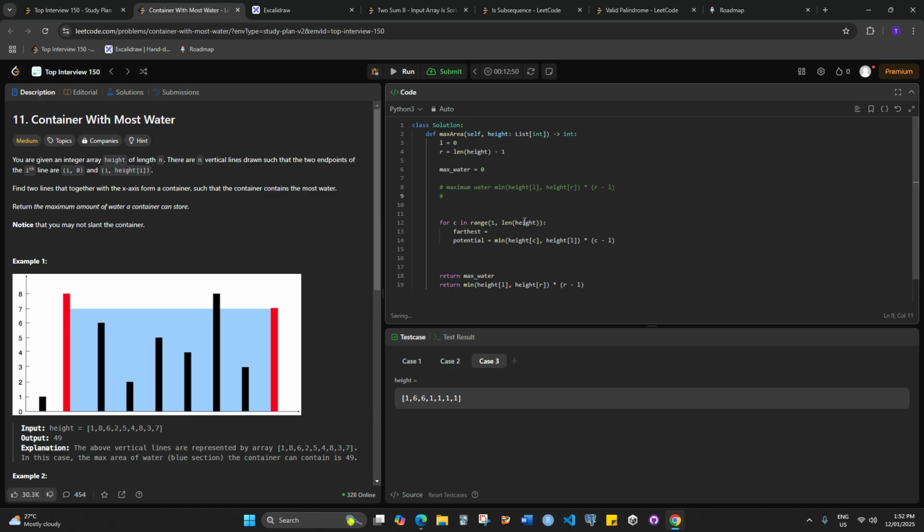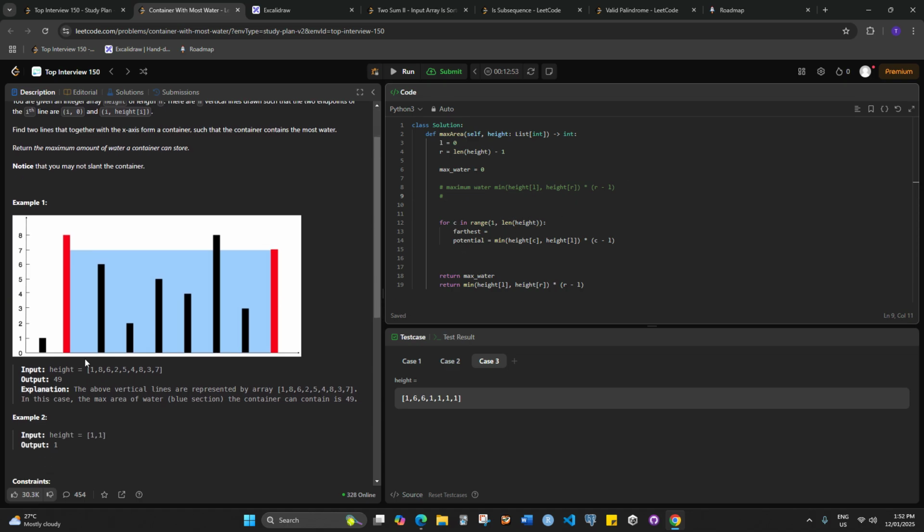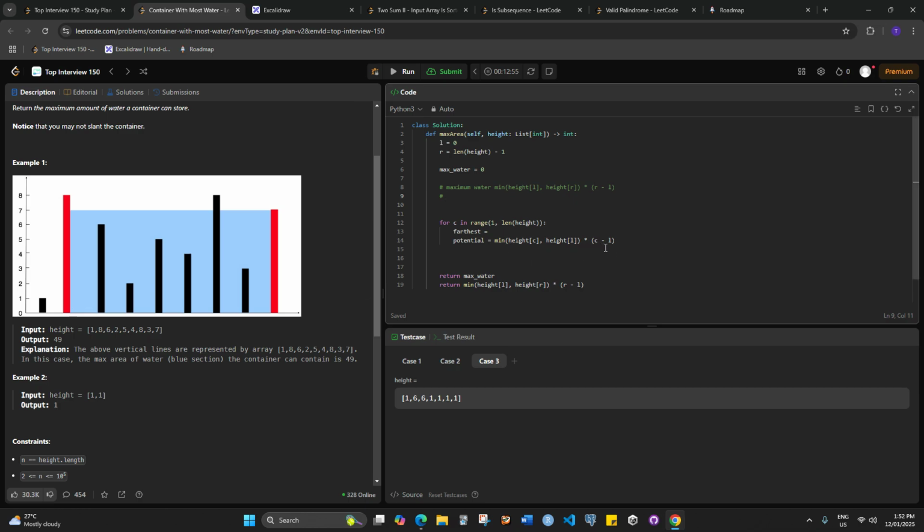Okay, no, this should make sense. So for C in range 1 to length height, let's say you start off at 1, well, the potential water you can get is going to just be min C minus L, where L represents the highest value.